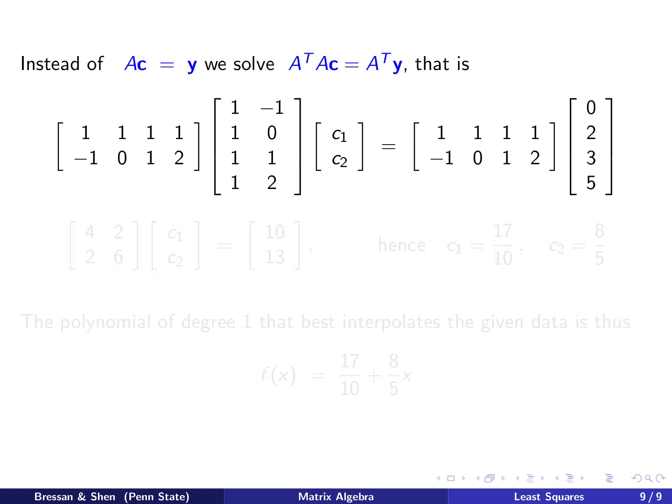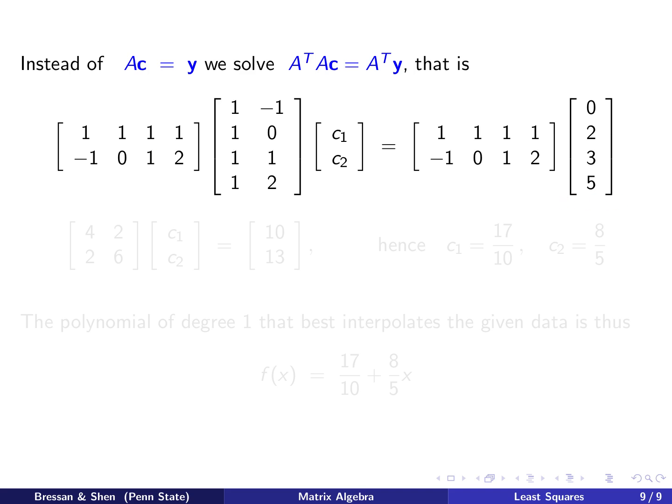So instead of solving AC equal Y, we now solve A transpose A times C equal A transpose times Y. That's the formula we derived. Then let's put in A transpose here, and that's A. This is C, and that's A transpose, and that's Y.